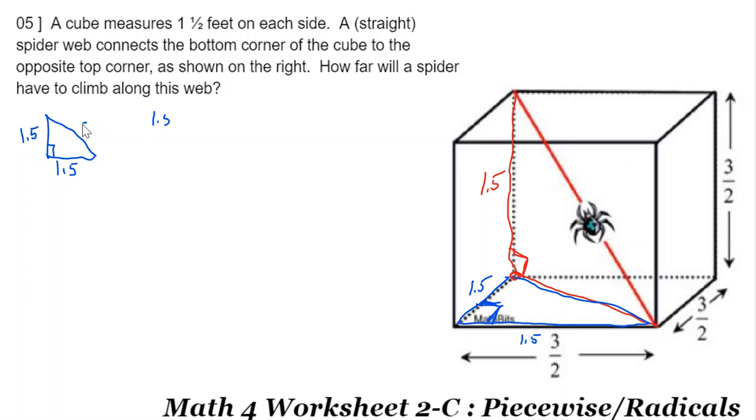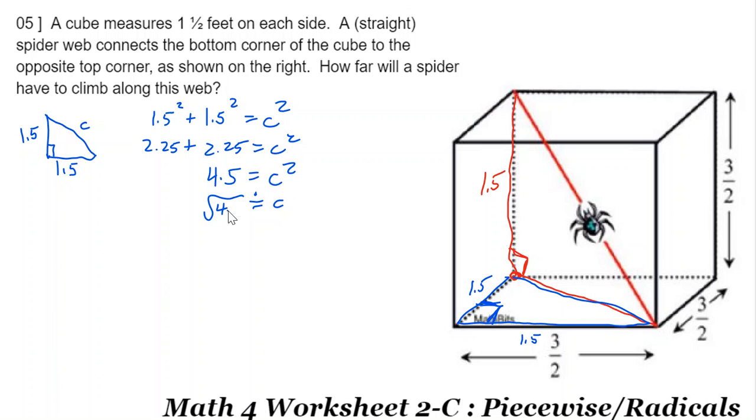So we're going to call this C. So we're going to say 1.5 squared plus 1.5 squared equals C squared, which is 2.25 plus 2.25, which is 4.5 equals C squared. So when I take the square root of both sides, well, actually, I'm going to leave it as the square root of 4.5, and you're going to see why in just a minute. There is method to my madness.